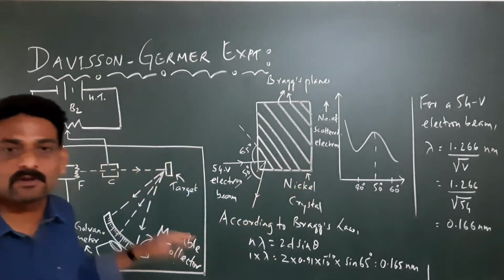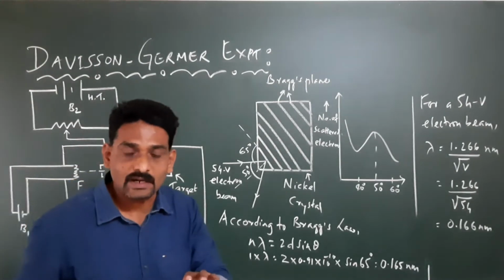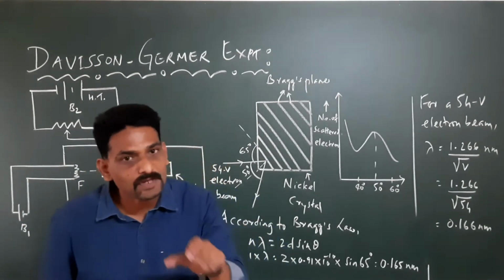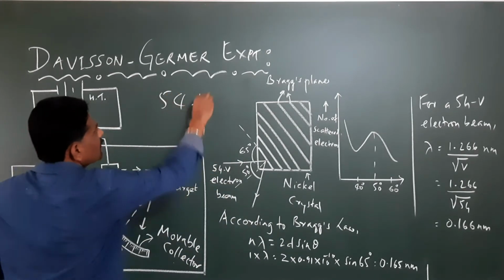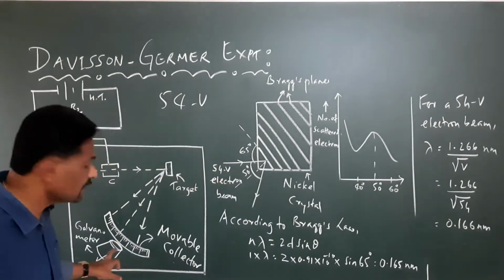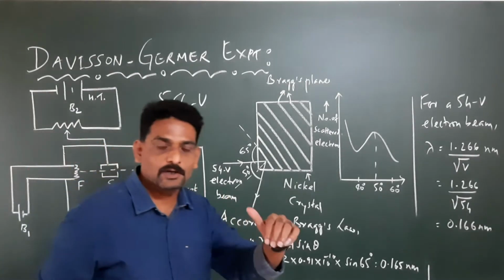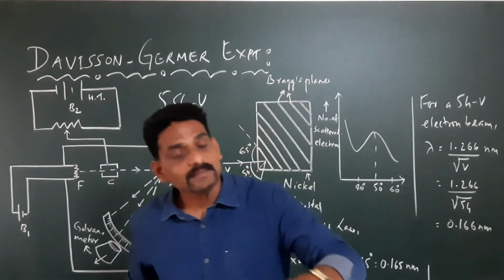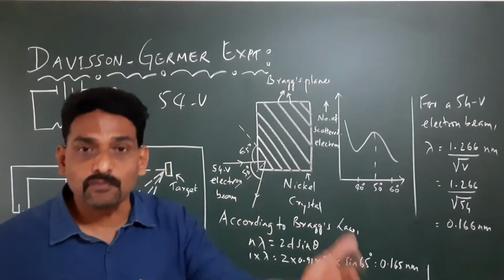While doing this experiment, they observed that when they sent an electron beam of 54 volt, they observed a maximum deflection in the galvanometer. I repeat, first they sent an electron beam of 40 volt, 44 volt, 48 volt, then 54 volt, then 60 volt, 64 volt.